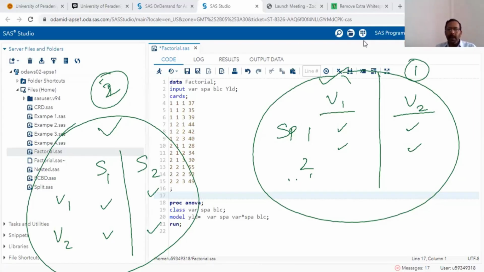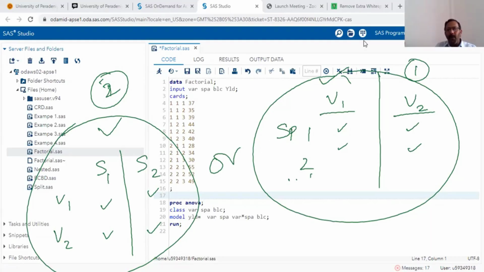But when you write a thesis, you can explain either this way or that way, but it should be a meaningful explanation. In a particular variety, this spacing is good.